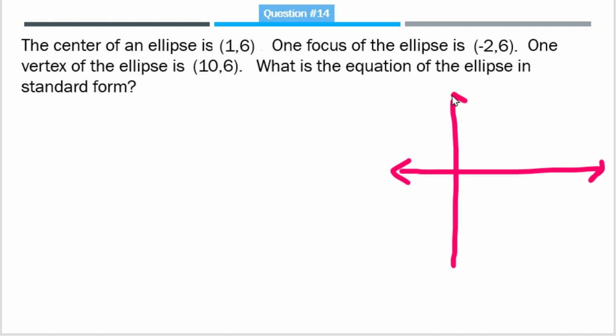It looks like we're going to go -2 in the x direction. Most of it's going to be over the other side. Okay, so I have a center at 1, 6. We're up here.